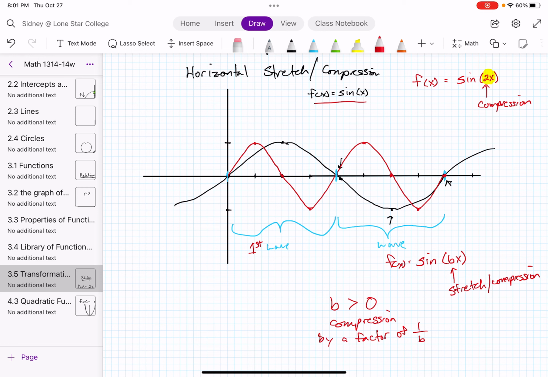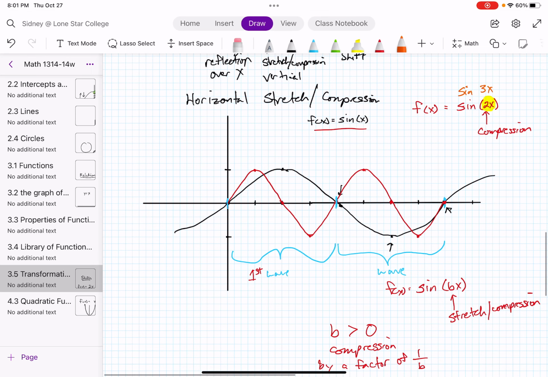So what if I had said sine of 3x? Hopefully, intuitively, you can feel that that would literally mean in the same amount of space that I have the original sine of x wavelength, I would now have 3 waves in that same space, which means each one would be 1/3 the size.